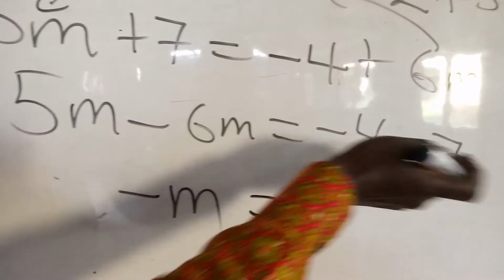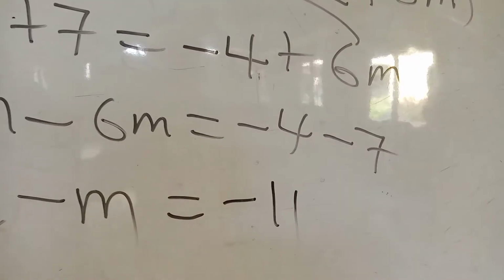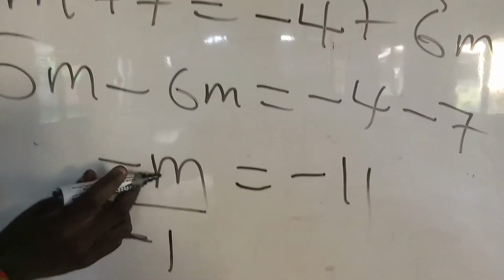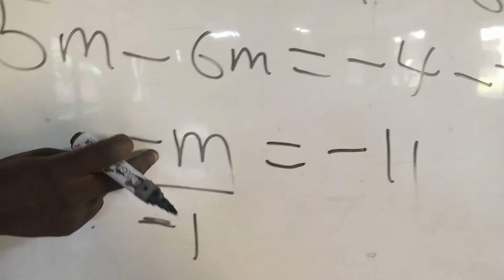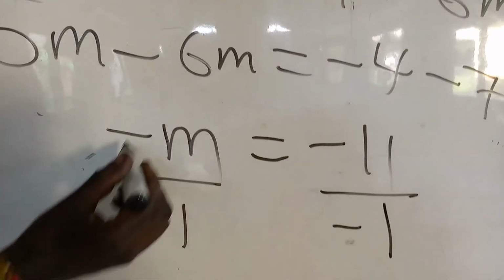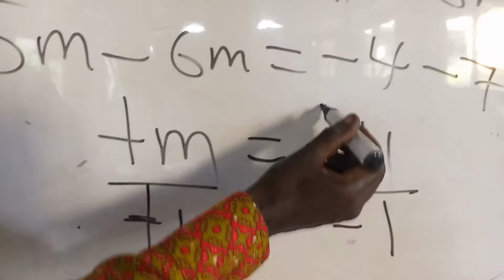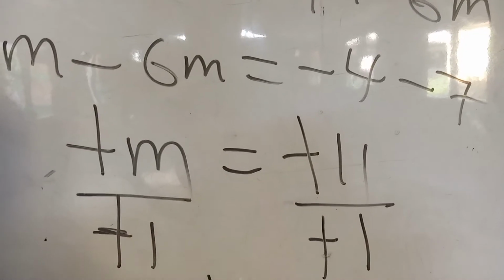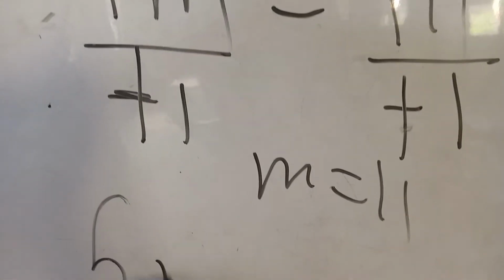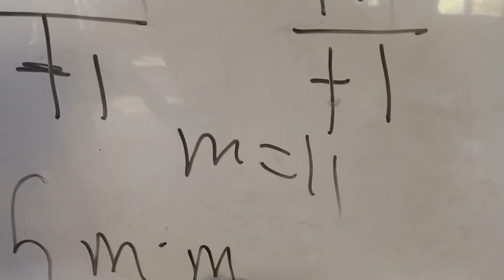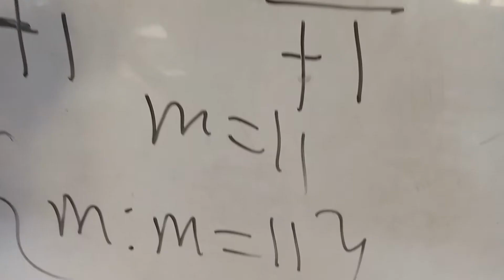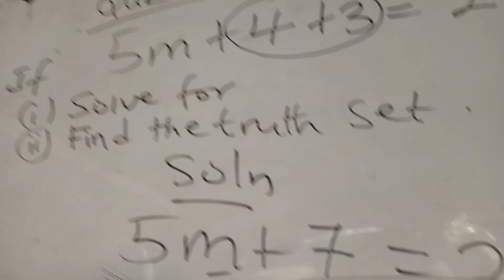Equal to negative 4 minus 7 is negative 11. So we divide both sides by negative 1, because the coefficient is negative 1, but we don't write it here. And this will cancel this. M is 11. So our truth set becomes m is equal to 11. That's our truth set.